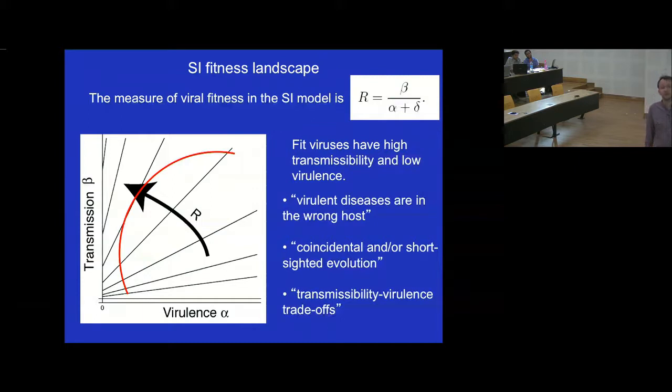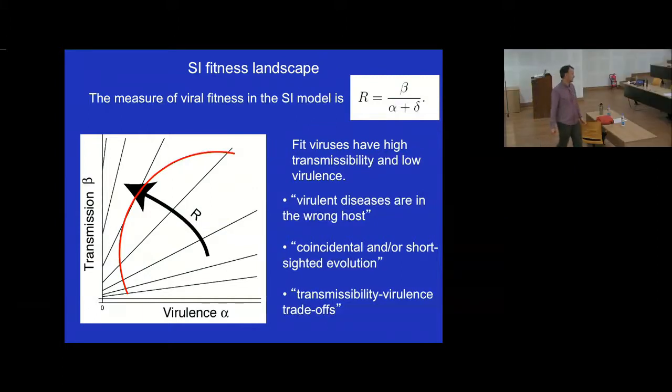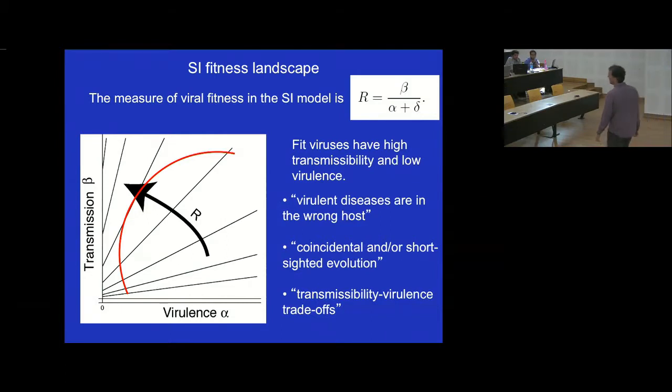And then the third thing I want to talk about is a trade-off between transmission and virulence, okay? So it may be that transmission requires a degree of virulence. Because let's think about influenza. For me to transmit the influenza, what has to happen? Sorry?